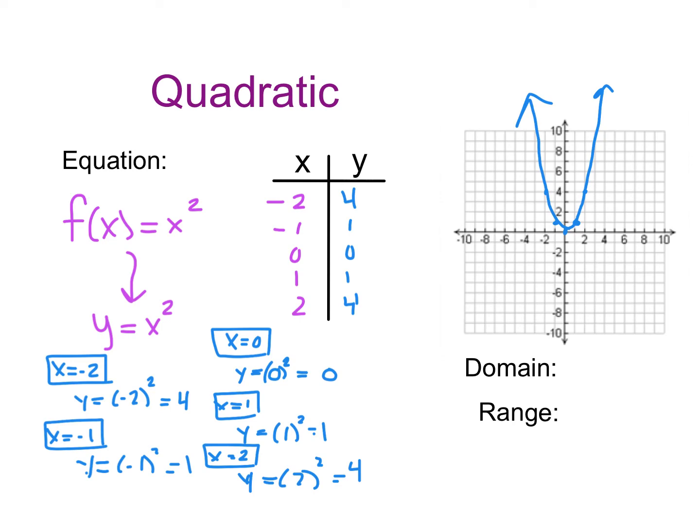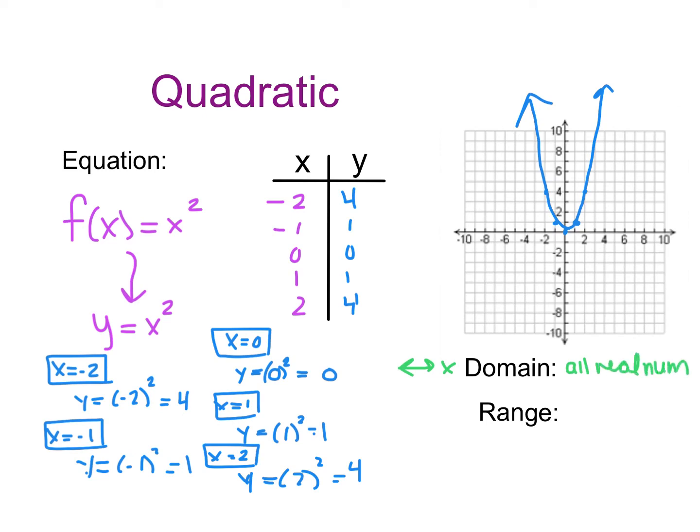So the last thing I need to do here for my quadratic function is identify the domain and the range. So if I look closely here for domain, I'm looking at all of my x values. Remember that for domain, I'm looking at all of the x values I need to make points on my graph. And I notice for this one that it goes forever to the left and forever to the right, which means I need every x value, so my domain is all real numbers.